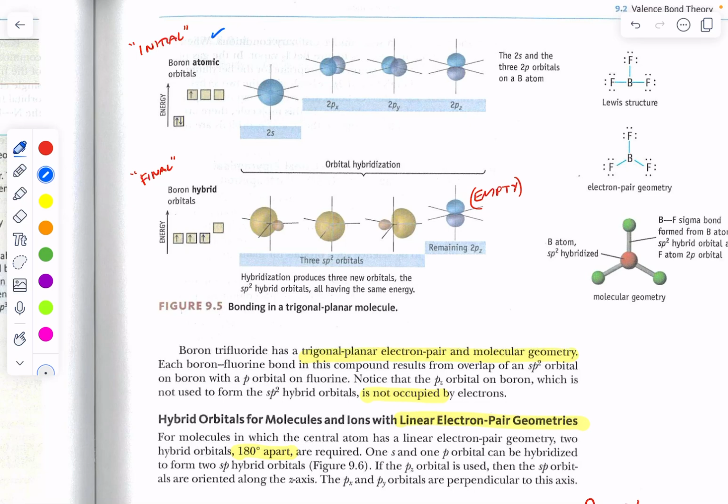And the way we would initially draw this, if you think about it, way back in first year chemistry or a few chapters ago, before we did a deep dive on bonding, we would say that as far as boron is concerned, since boron is element number 5 and it's the third element in the row, you're going to have 2 electrons for the 2s, and then 1 electron for the 2p sub x.